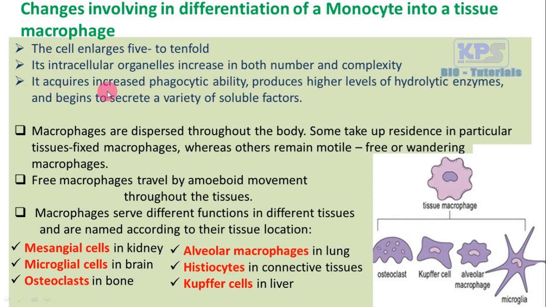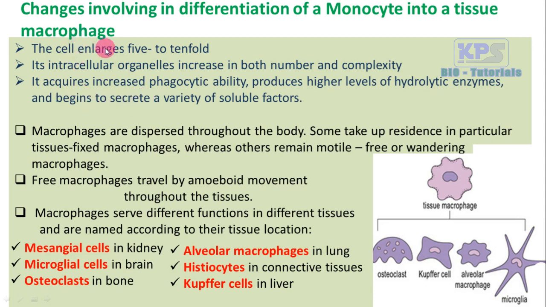And it acquires increased phagocytic ability and produces a higher level of hydrolytic enzymes and begins to secrete a variety of soluble factors. Its total phagocytic ability will be increased by the increased production of hydrolytic enzymes, and it also secretes a variety of soluble factors in order to engulf the foreign pathogens.